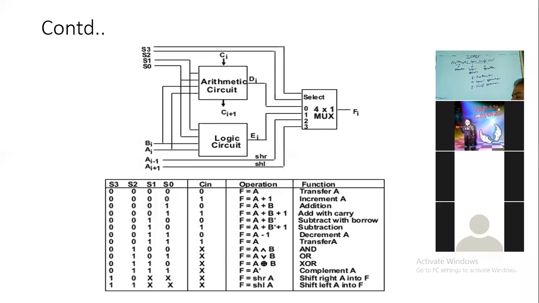It is used to perform various arithmetic operations like add, subtract, increment, and logical operations like logical AND, OR, and various shift operations. First give this introduction. Then explain a little about this diagram, and then draw this table and remember these values.